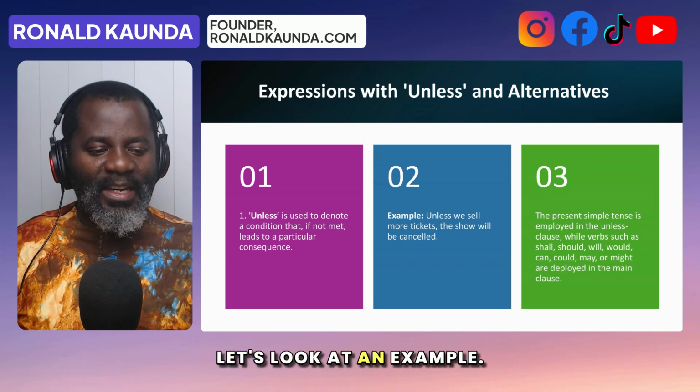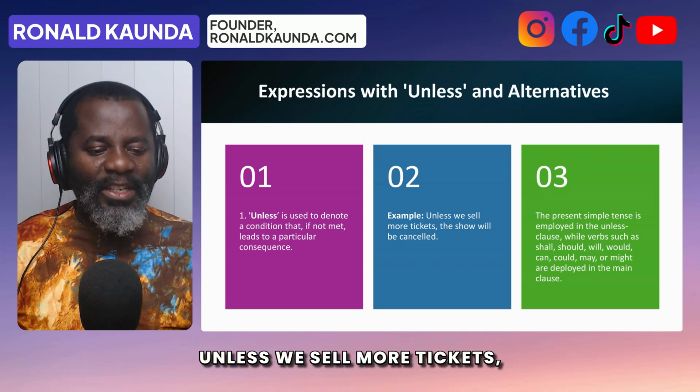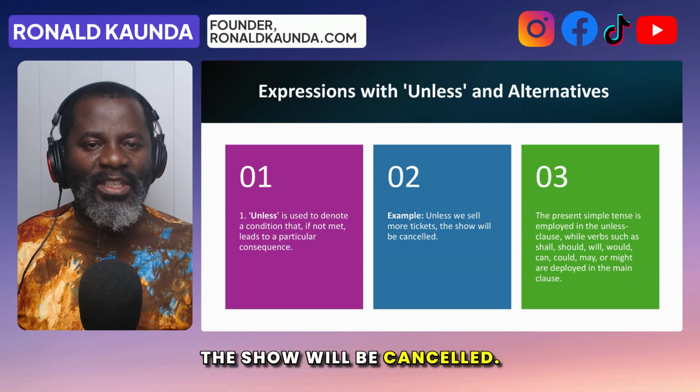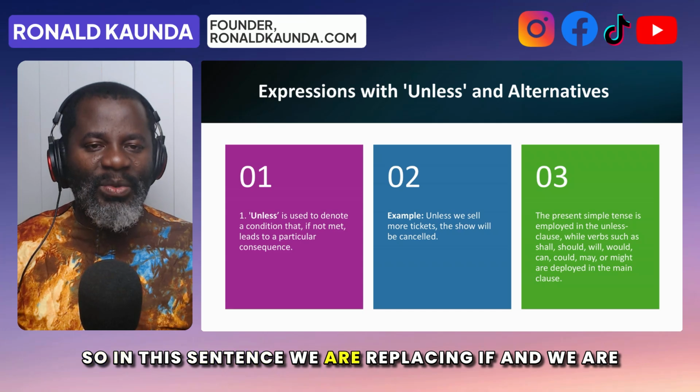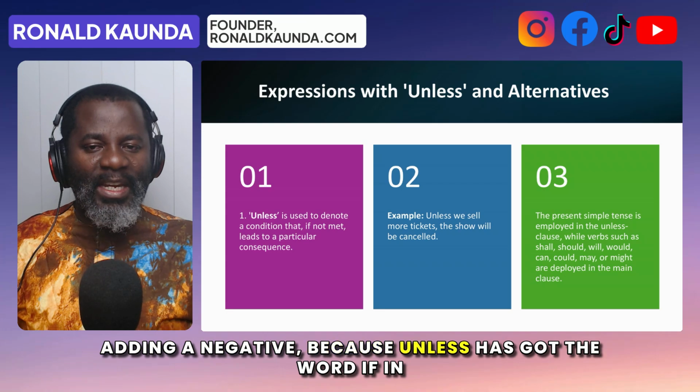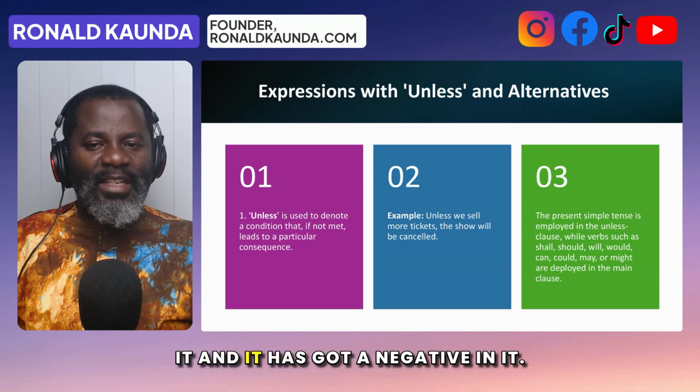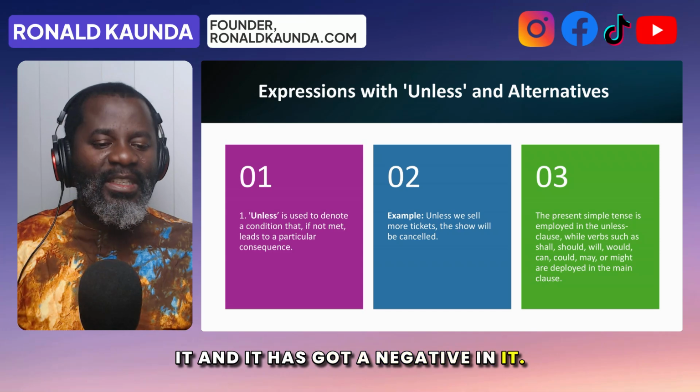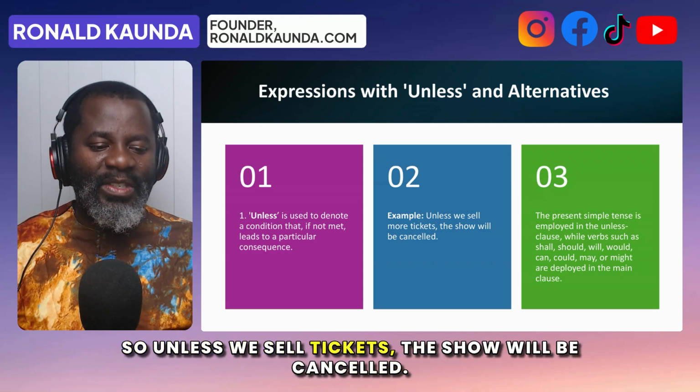Let's look at an example. Unless we sell more tickets, the show will be cancelled. So in this sentence, we are replacing if and we are adding a negative, because unless has the word if in it and it has a negative in it. So unless we sell more tickets, the show will be cancelled.